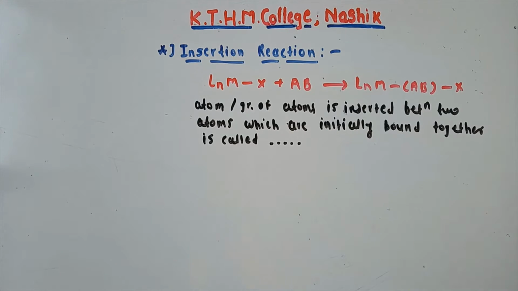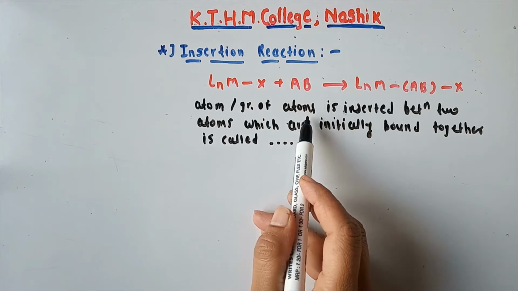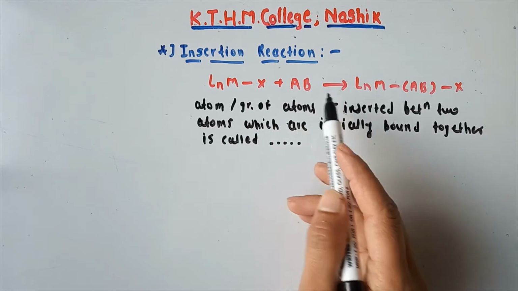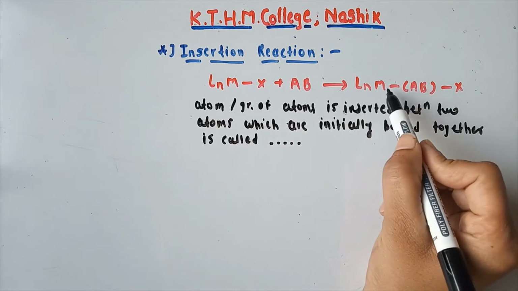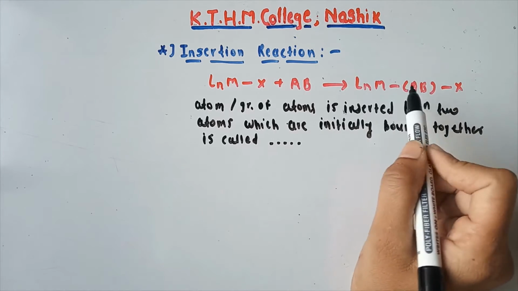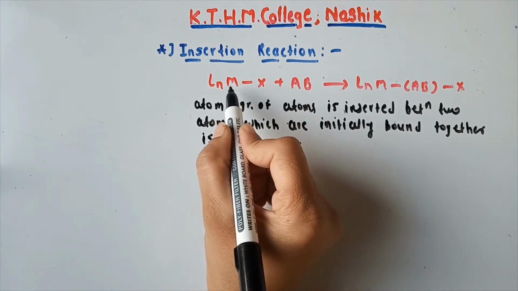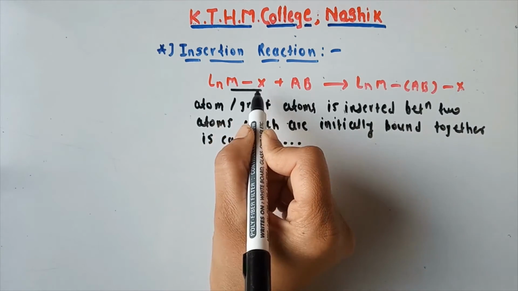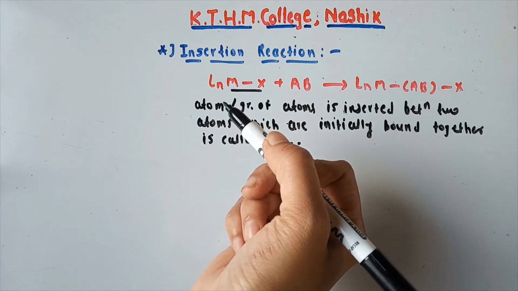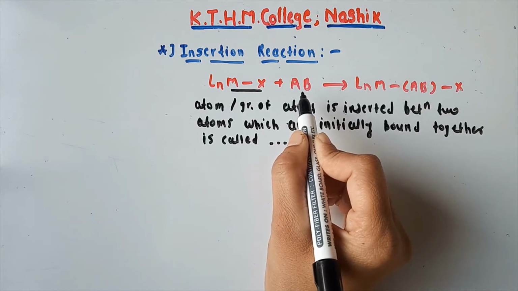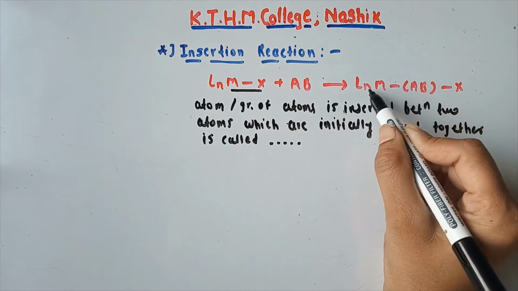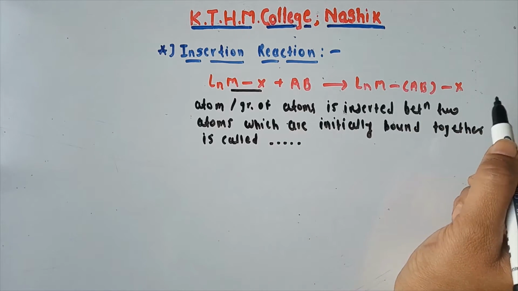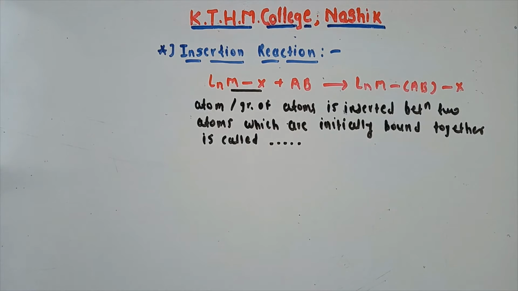A chemical reaction in which an atom or group of atoms is inserted between two atoms. This AB is inserted between these two atoms which are initially bound together. Here M and X were initially bound together, and this AB, the group of atoms, is inserted between M and X. It is nothing but the insertion reaction or migratory insertion reaction.